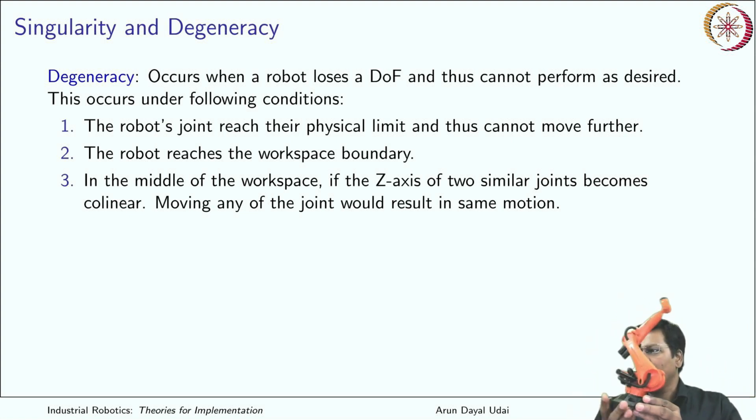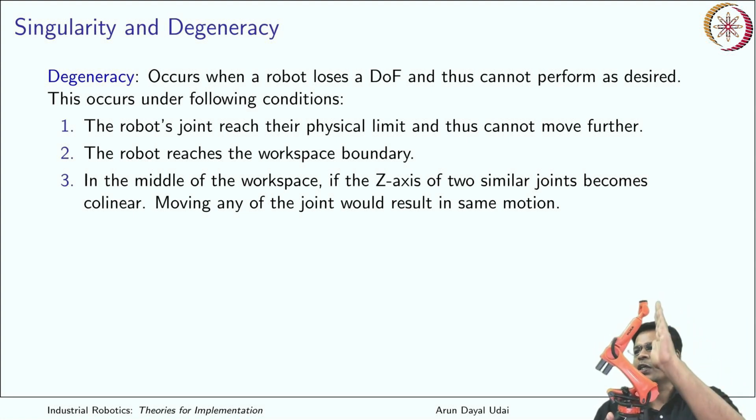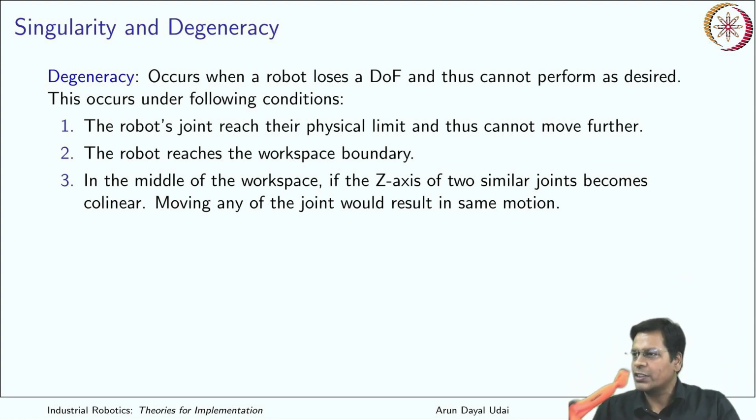So if you rotate this or you rotate this, you are going to see the same type of motion. Why? Because this axis and this axis become collinear. So this is also a case when it has become a degenerate robot.